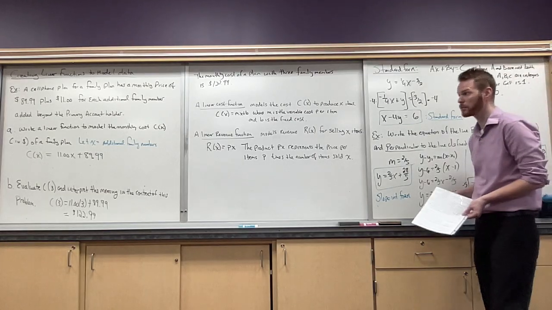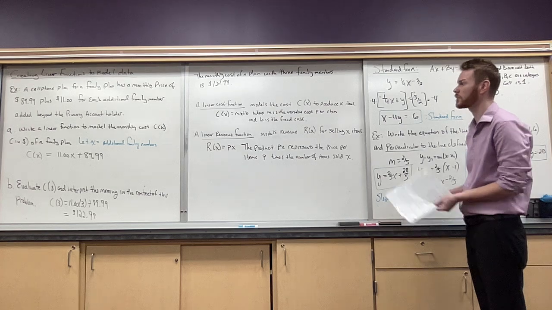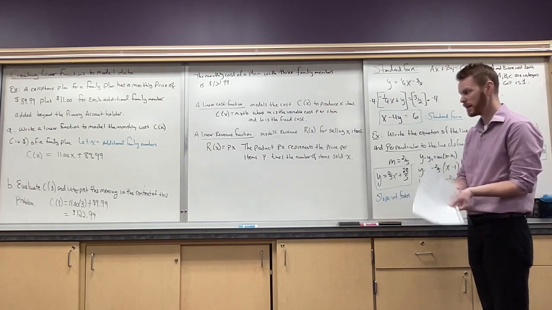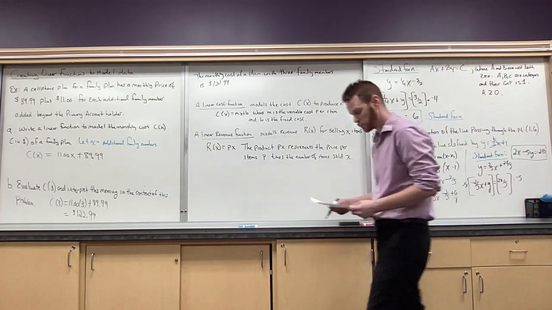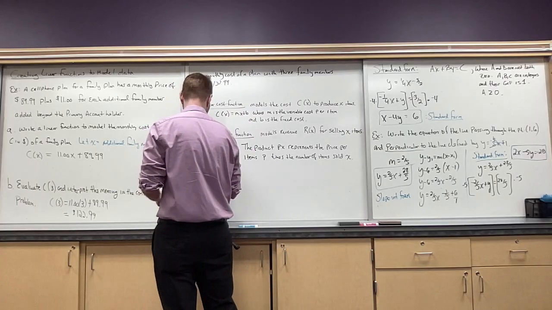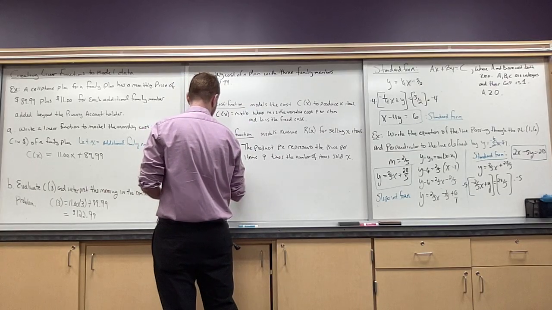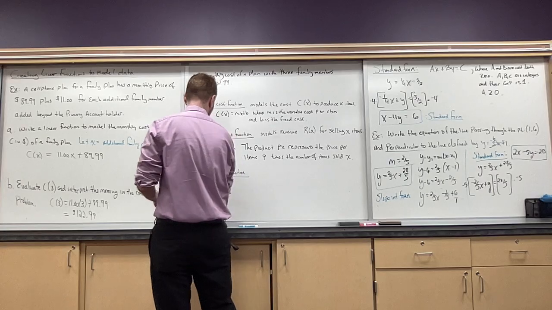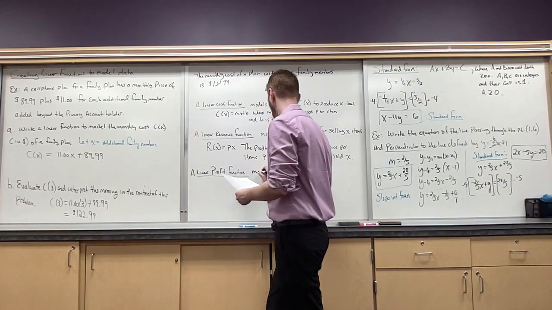So then the last one has to be profit, right? We talked about how much it costs to do this, how much we're making. Now let's talk about how much we actually are earning. So we have here a linear profit function. Okay.